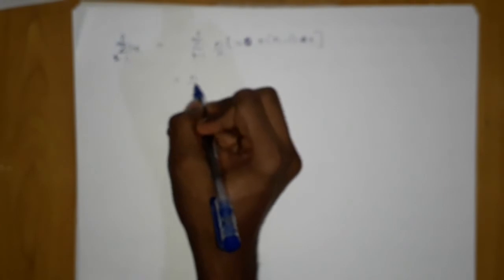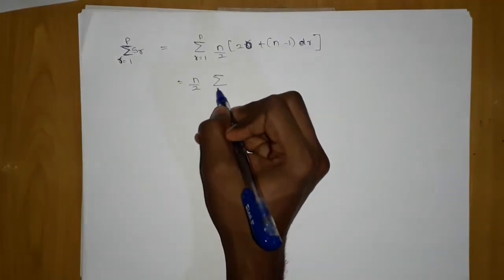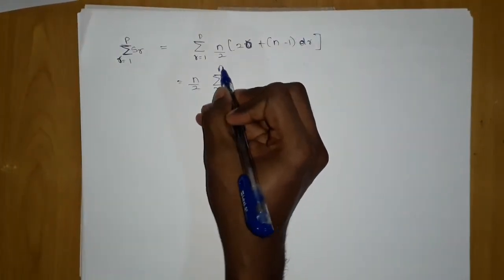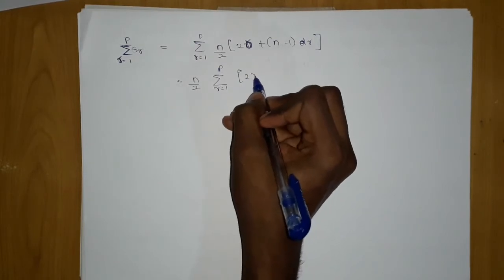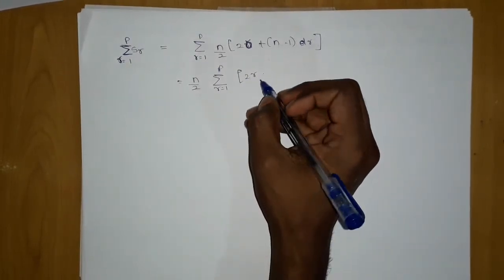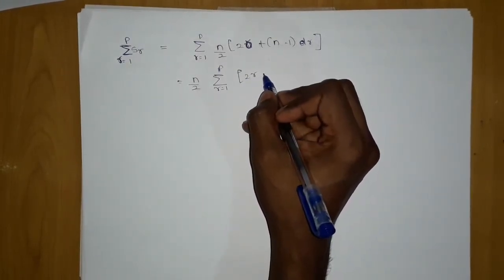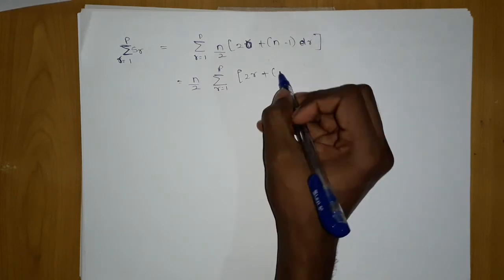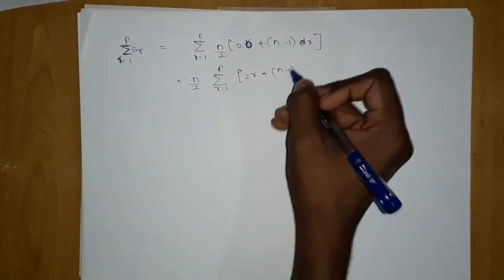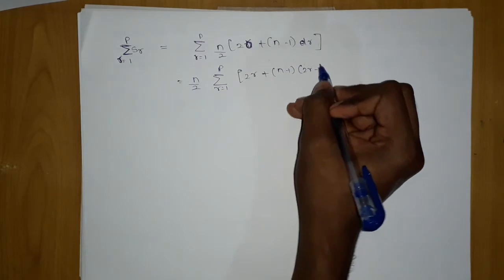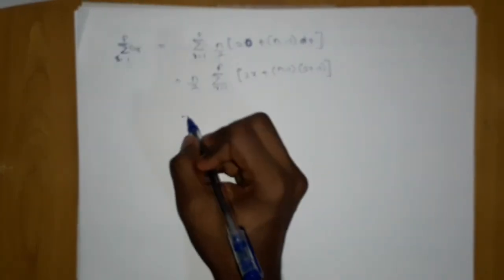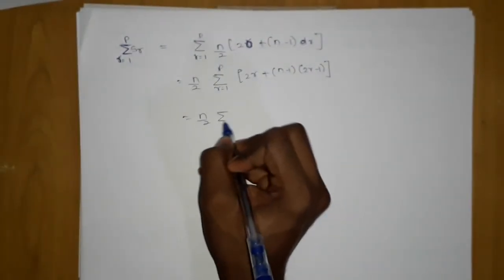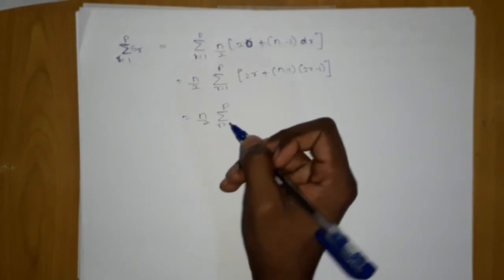So n by 2 is constant, so we can move it out. Here what I have, r equals 1 to p, 2r for the r term, and here 2n minus 1 into dr is 2r minus 1.